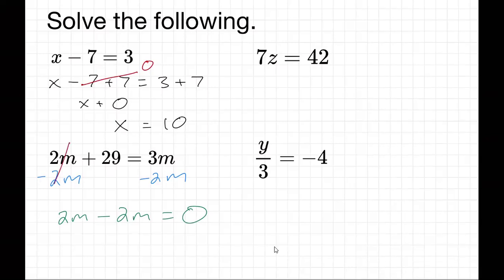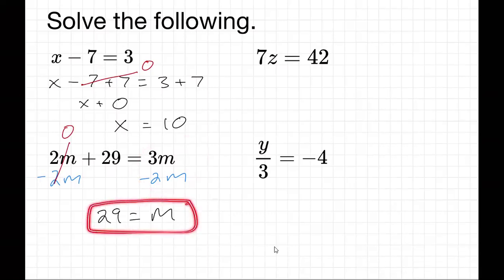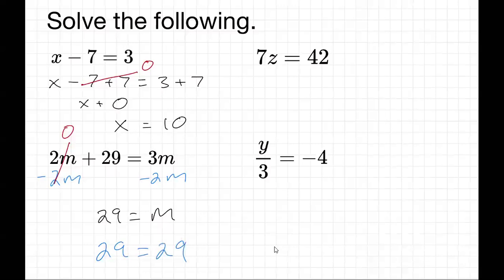That is our focus there. And then 0 plus 29 will give us just 29 over here. And then this subtraction, 3m minus 2m, gives us just 1m. And we find that, after I do that work, the solution that would make this equation true is 29.